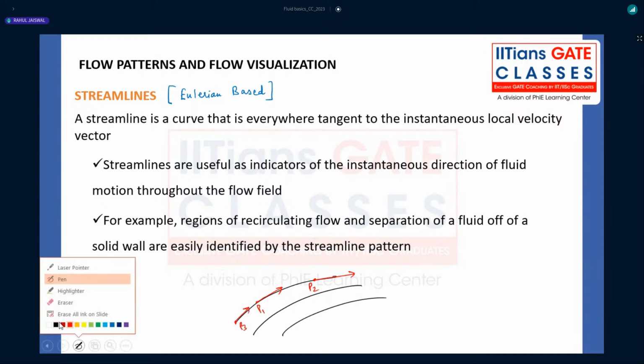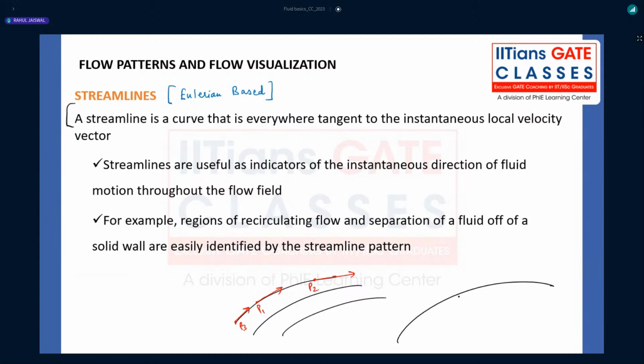By drawing the tangent, you get the instantaneous direction of the local velocity, right? So what they have written is: a streamline is a curve that is everywhere tangent to the instantaneous local velocity vector. You take any curve, draw the tangent, and you get the direction of the velocity.